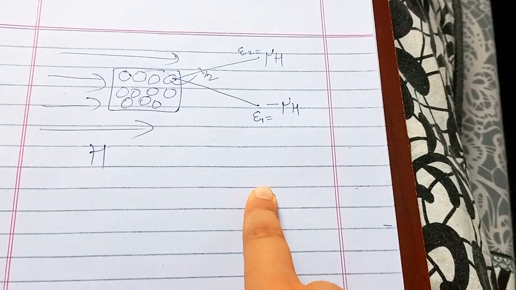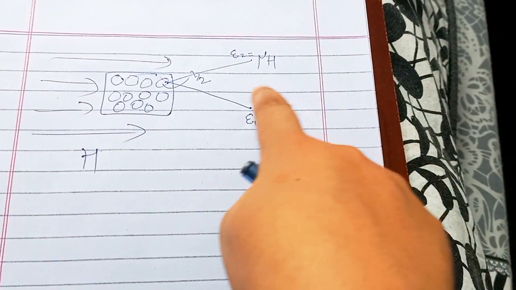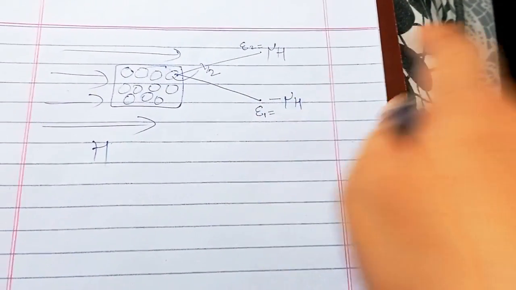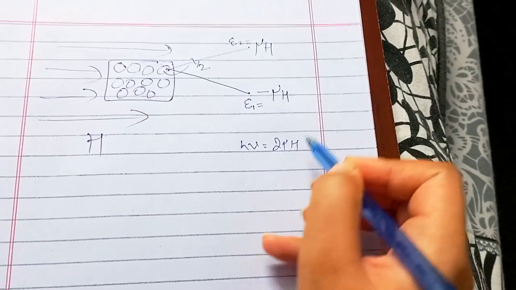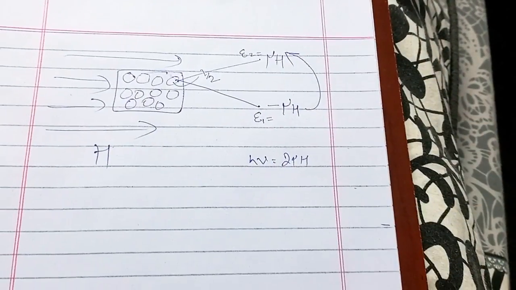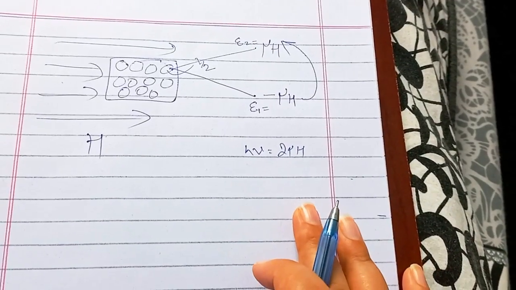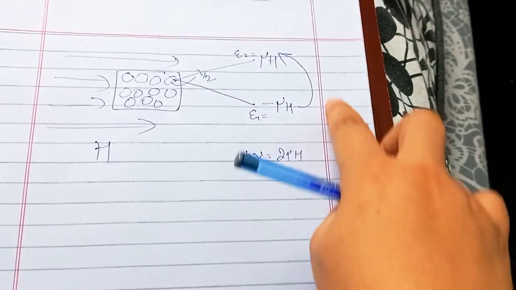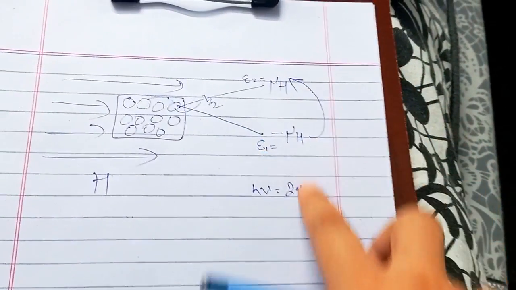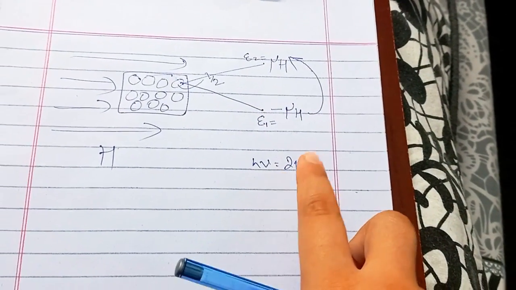Now what happens is that if a proton in low energy state absorbs a photon of energy h nu equals 2 mu H, then it can transition to a higher energy state. Okay, this is something they are saying, that a low energy state proton can make a transition to a higher energy state by absorbing this photon. Why this photon?